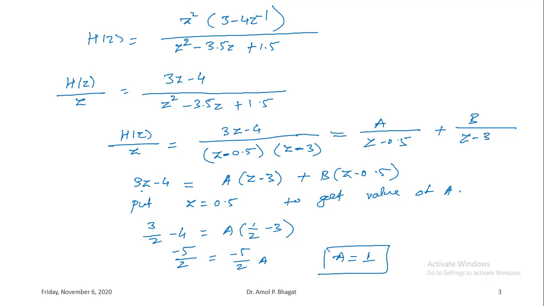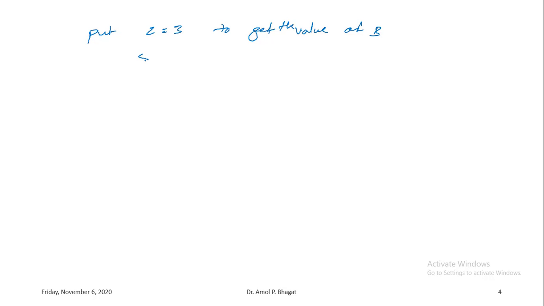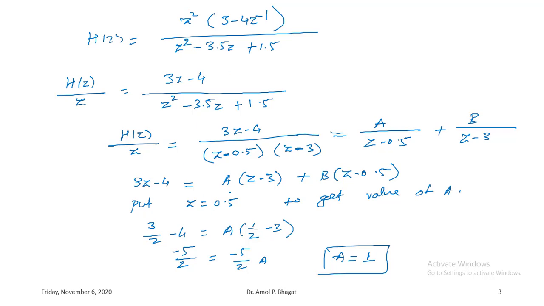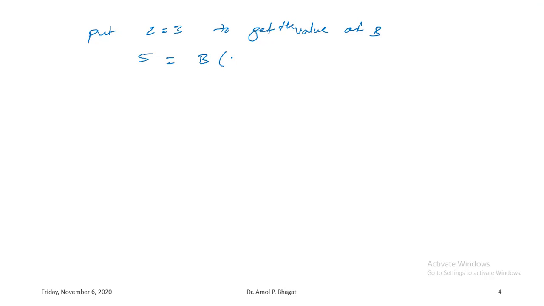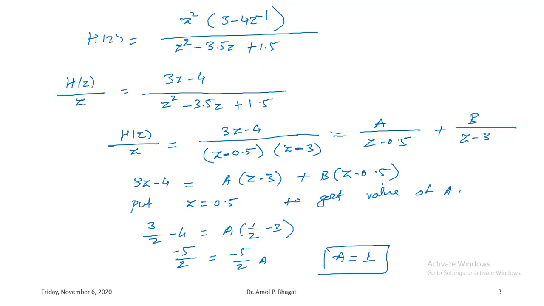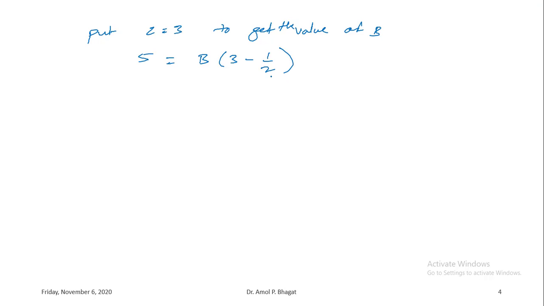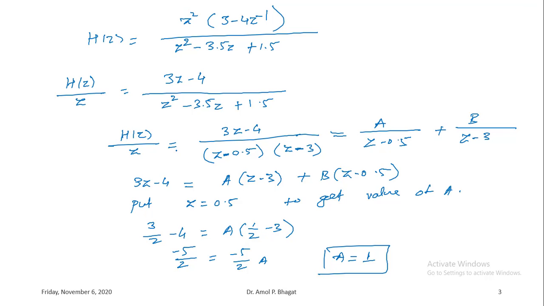Here, substituting z equal to 3, it will be 9 minus 4, so it will be 5 equal to, this 3 minus 3 will be 0, so this term will be 0, and b into 3 minus 1 by 2, which is 5 by 2. So 5 is equal to 5 by 2 b, right? So b will be simply 2. So these are the values for a and b.